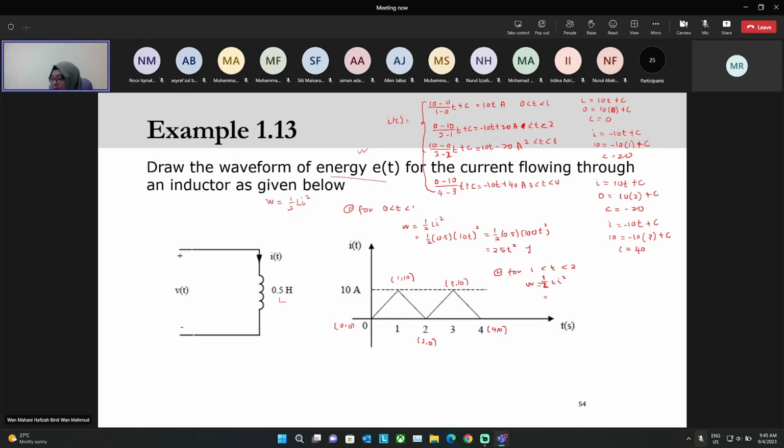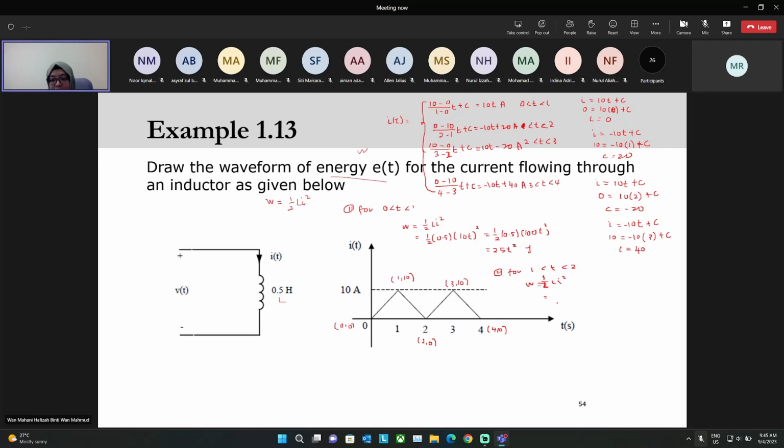Awak letak 10, 100 tau sebab 10 kuasa 2 ni dia jadi 100. 100 darab 0.5 bahagi 2. Dapat tak 25? Ke saya salah kira ni? Kalkulator saya, dapat madam. 25 T square joule.